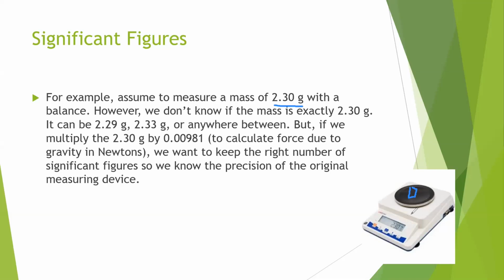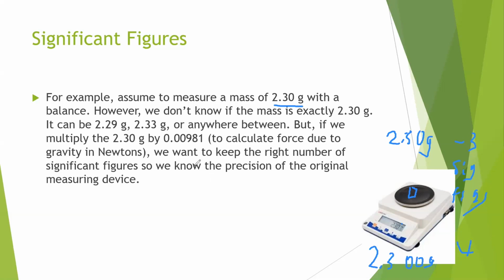So if we have a better scale, we might have 2.300 grams, and that signifies that we're more certain that it's closer to this value. But this scale is probably pretty old, so we can only have 2.30 grams, which has 3 sig figs, compared to this one, which has 4. But the 4 shows that we're more precise in our answers.